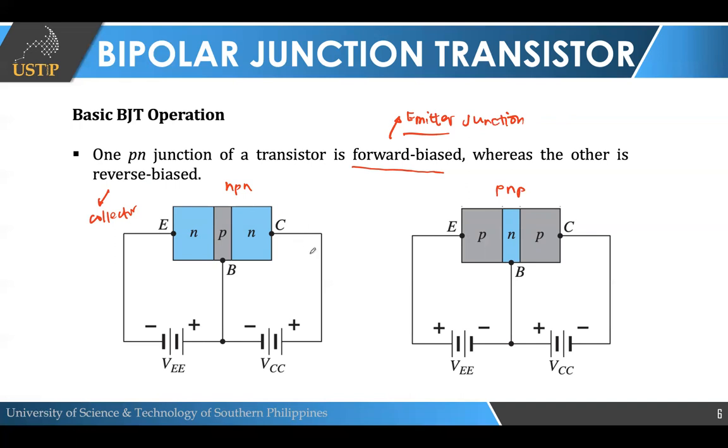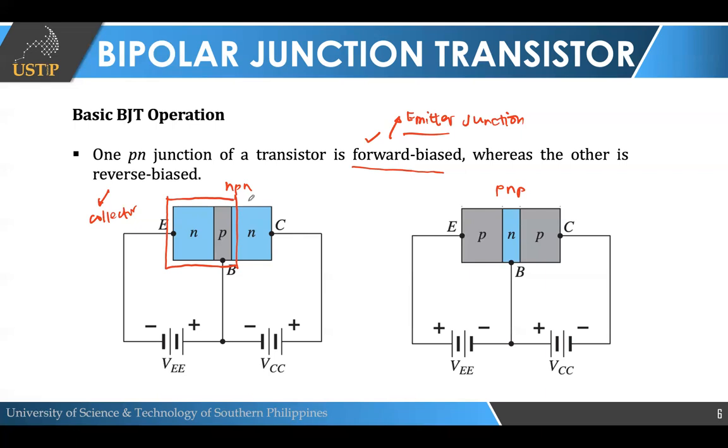Now, let's first look at NPN. So in the NPN, we will isolate it. Our emitter junction, meaning emitter and then base, we will forward bias, right? Okay, so how do we forward bias a junction?